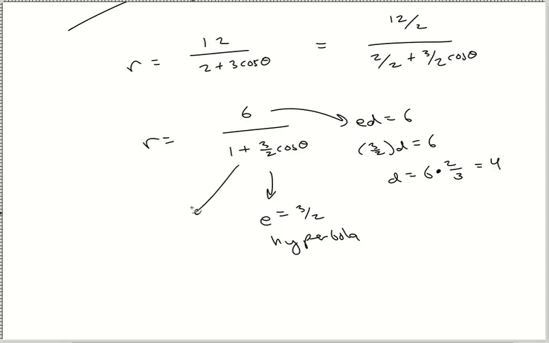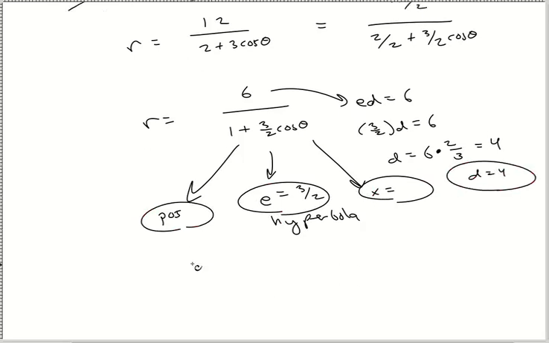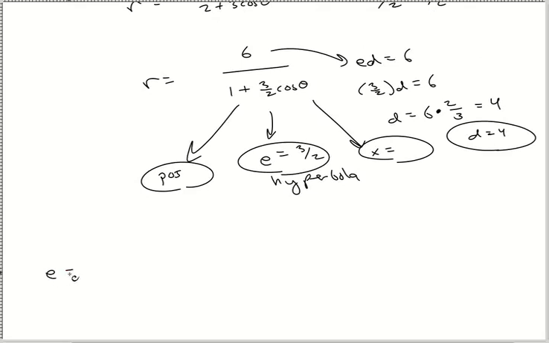But it could change my directrix. I'm just saying this number is always a positive regardless. This particular one is positive because it's right there. And we got an x equals. Okay. So let me just start putting it together. So e is equal to 3 halves. Again, that's hyperbola. My directrix.